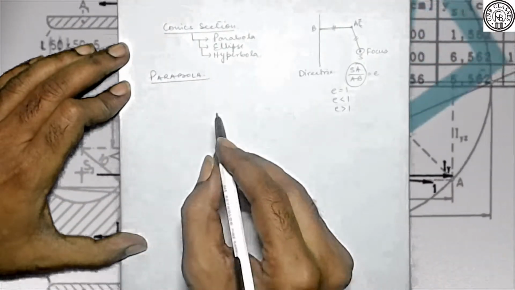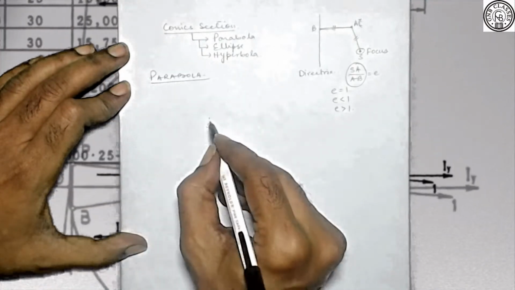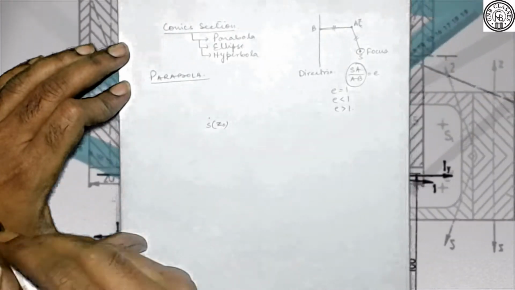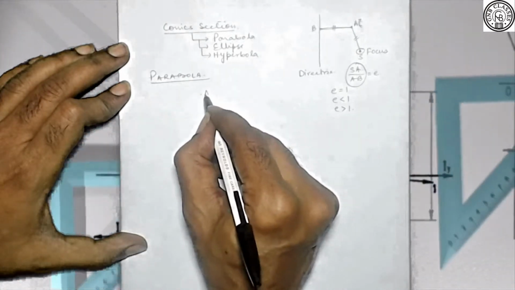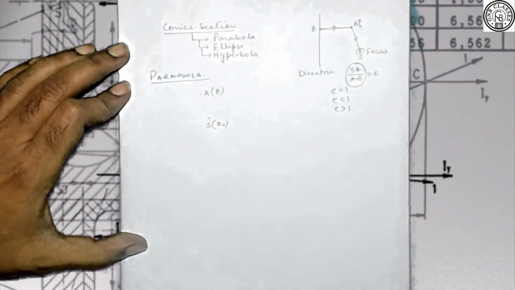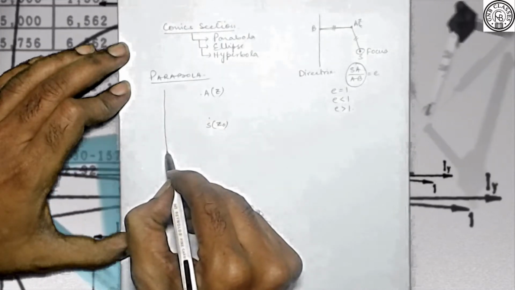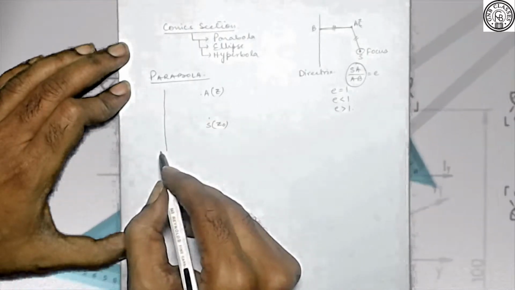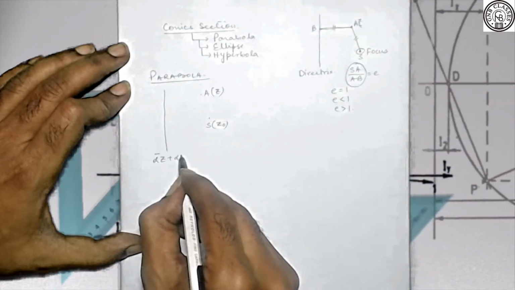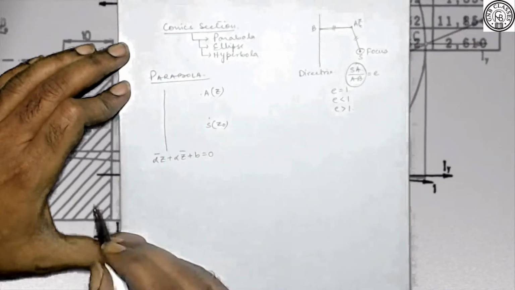So, for parabola, on a complex plane, let us say that the point S, which is the focus, is associated with the complex number, say Z0. The variable point, which is A, is associated with the complex number, say Z. Z is a variable point. And the fixed line, which is called your directrix, has the equation alpha bar Z plus alpha Z bar plus B equals 0. Okay?